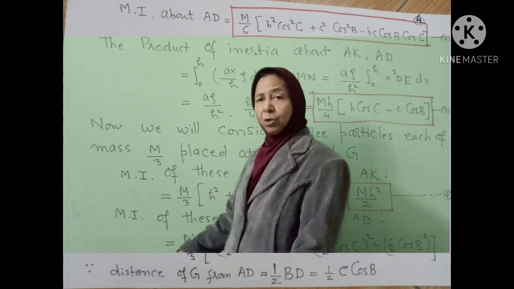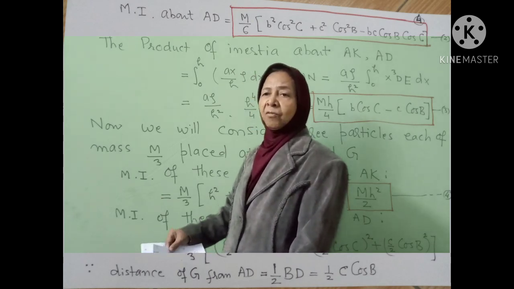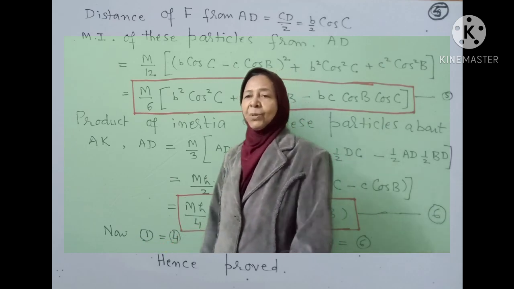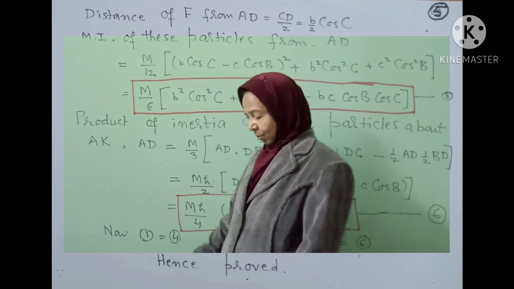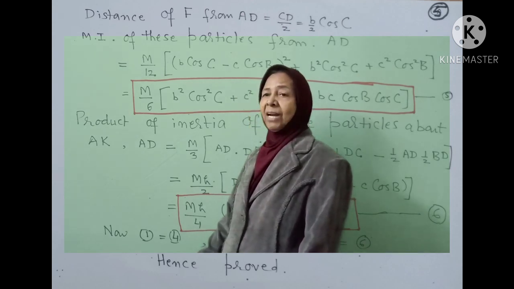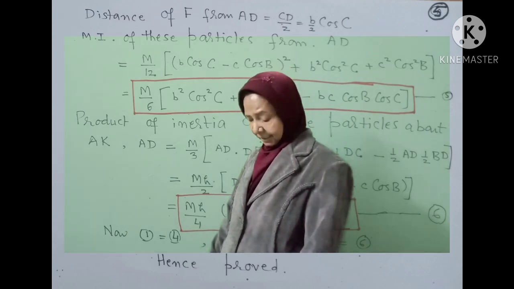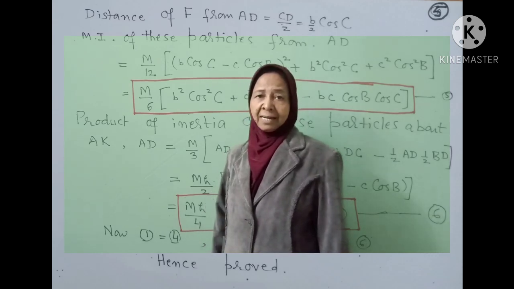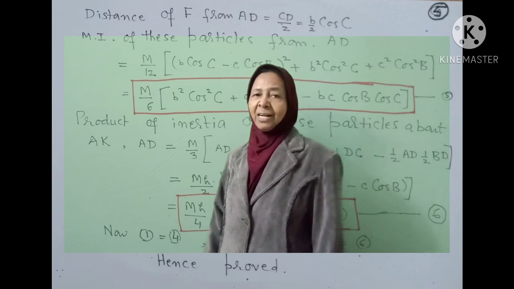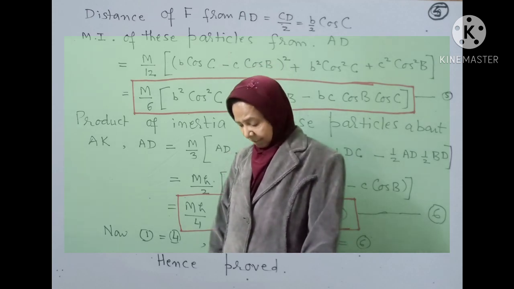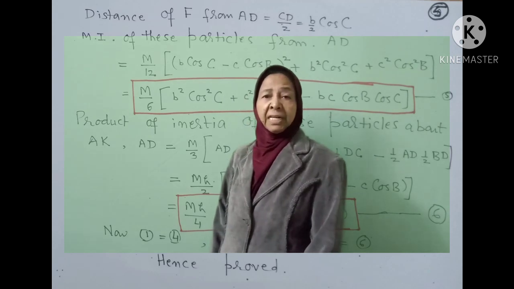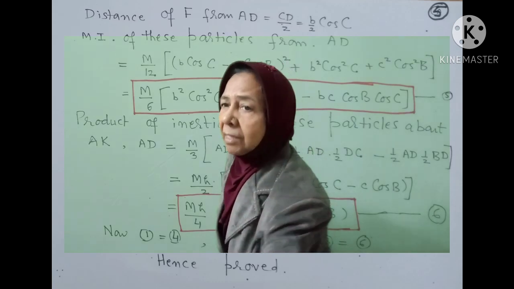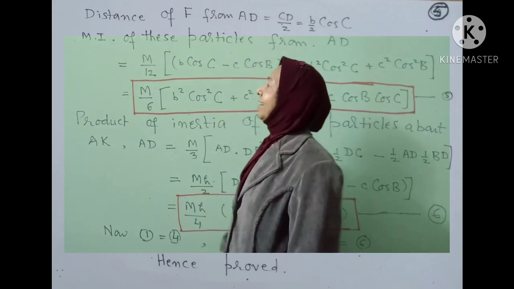Now let us pass on to slide number 5, which is the last. So you can calculate equation 5 and finally equation 6, and you can see that result 1 is same as 4, result 2 is same as 5, result 3 is same as 6. That means we have obtained the result.